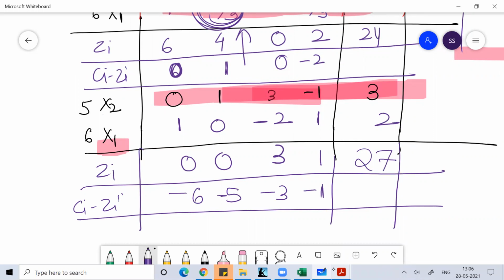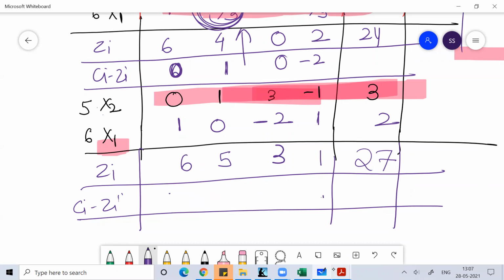Let me compute it again: 5 minus 0, 0, 6 minus 0, this will be 6. 5 minus 1, 5 into 1, this would be 5. This would be 0.